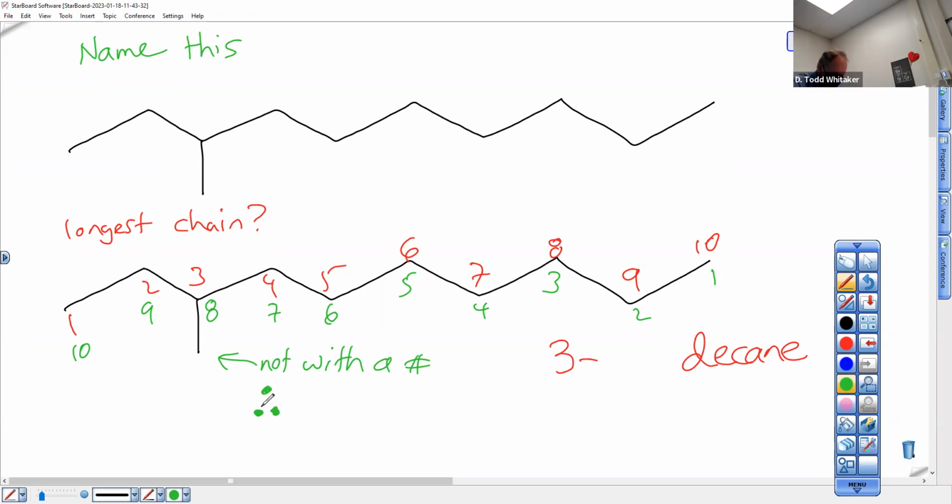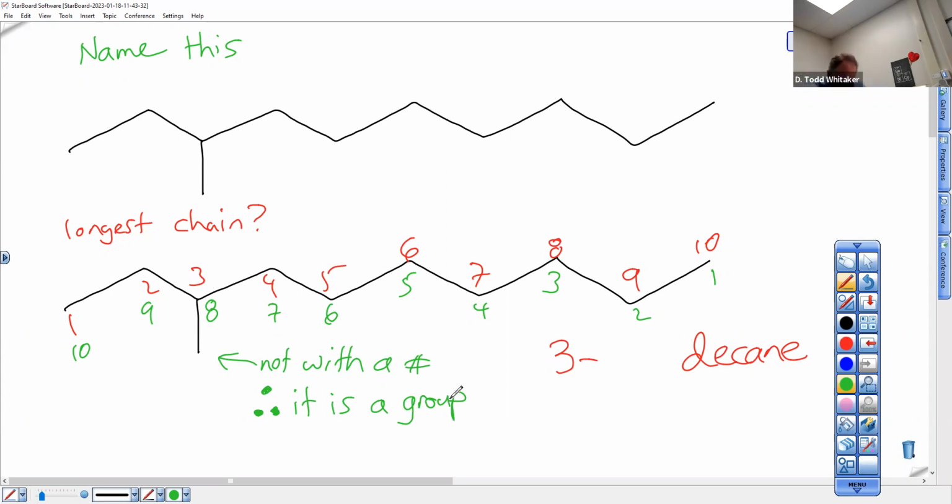This symbol, if there's a carbon in the molecule that didn't get numbered in the chain, then it's called a group. Therefore, it's not with a number, therefore it is a group. Yes, those 3 dots stand for therefore. I like them a lot. I started my college career as a math student, so we were using therefores and things like that a lot. That's the therefore symbol, I stole that from math.